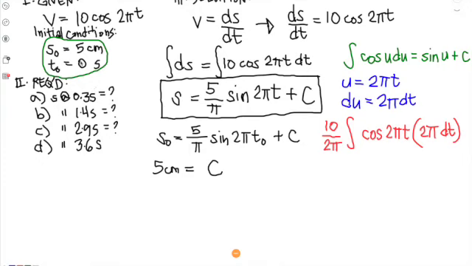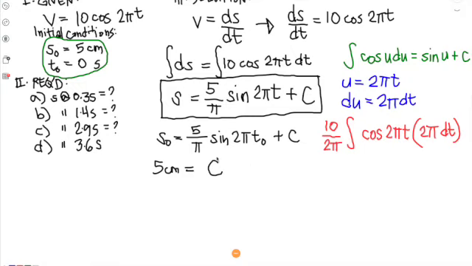Okay, so I hope you recall, I mentioned in our first lecture that most of the time, the arbitrary constant is just the initial condition.